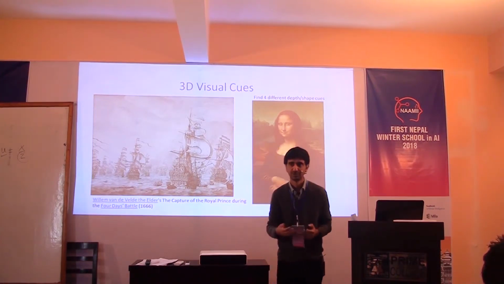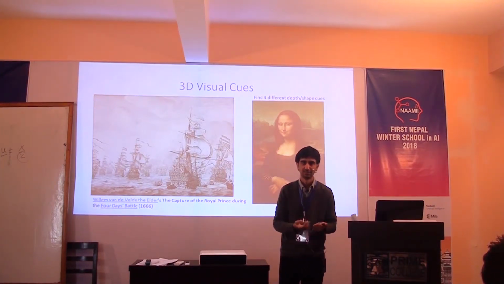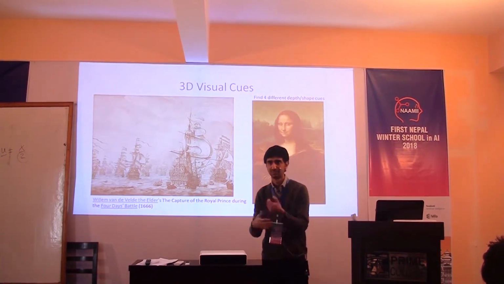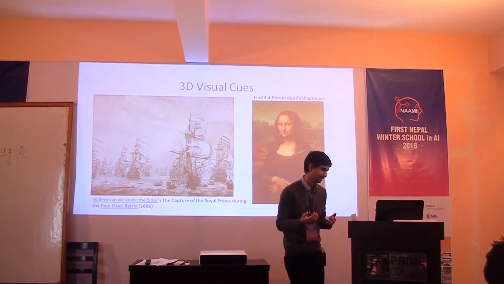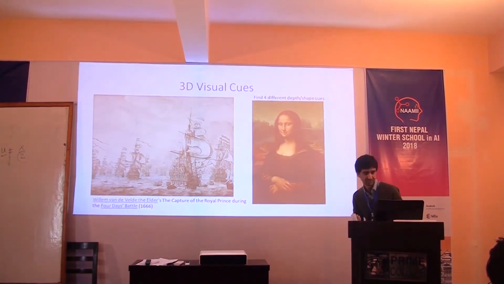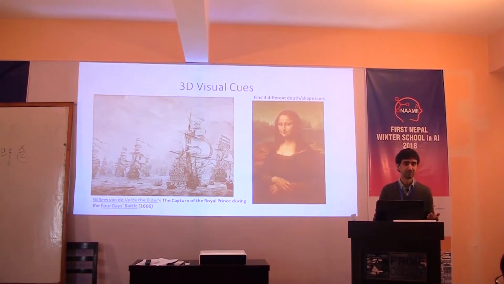Those are cues because we recognize objects. Even just by looking at the image or photo, we recognize the object and we see the shape has to be like this, right?